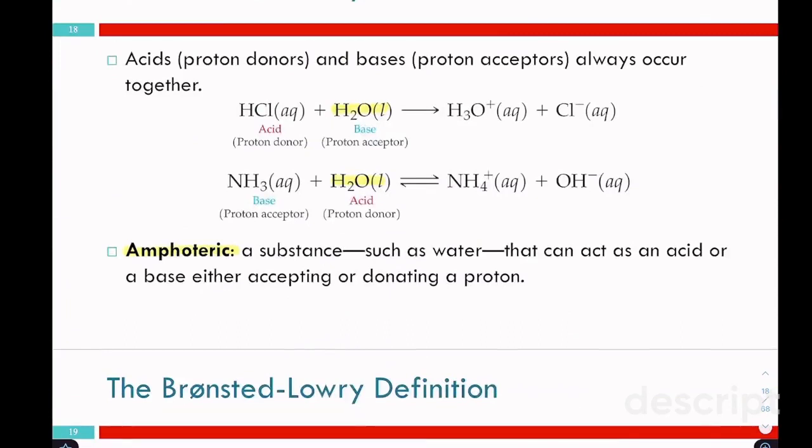Oh, okay, you just reversed it. Mm-hmm. So we're literally just swapping the products and reactants. And actually, that's what this arrow here means. That double arrow means that this reaction can happen in both directions. Kind of like balancing them?